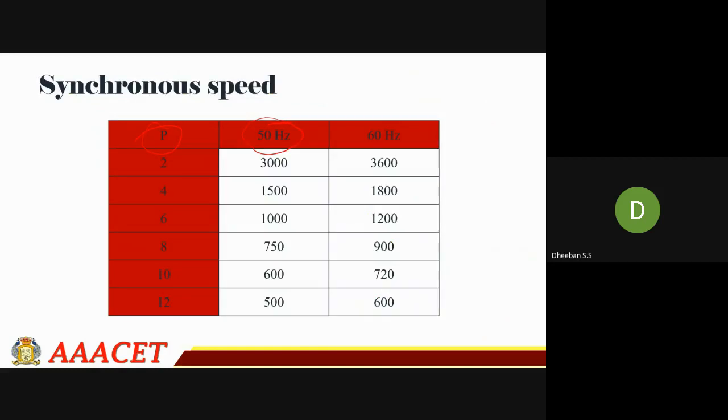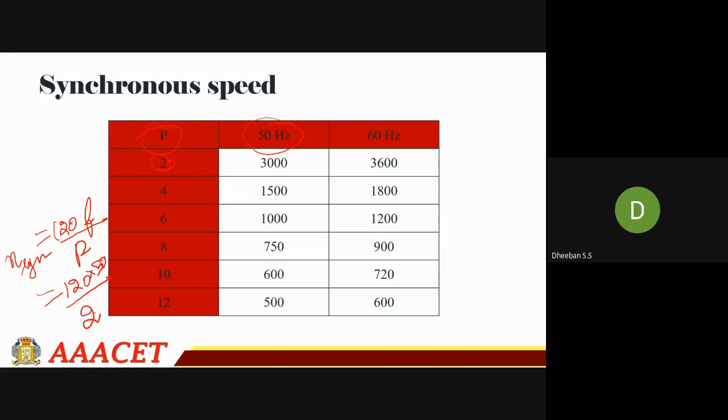Here you can see the poles for each frequency, 50 hertz and 60 hertz. We can just apply this for your two pole machine. N sync will be 120 f by P, right? 120 f by P. The speed first we will be finding for 50 hertz: 120 into 50 divided by poles, which is 2.